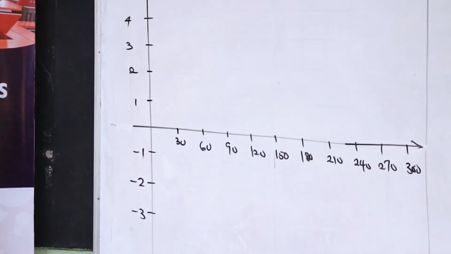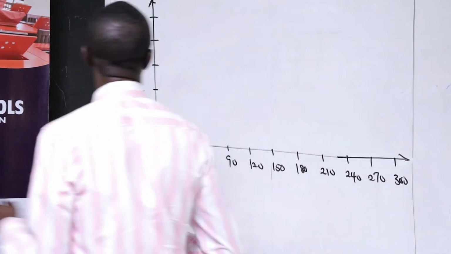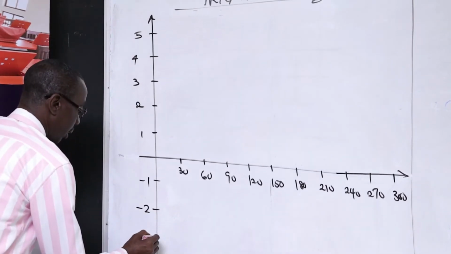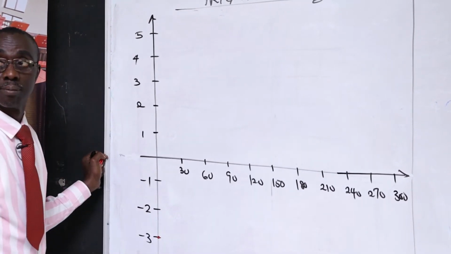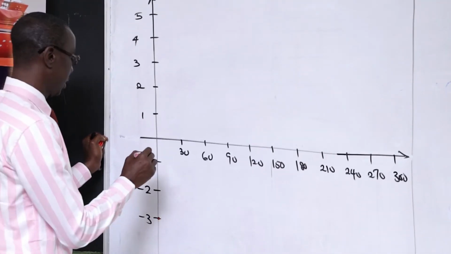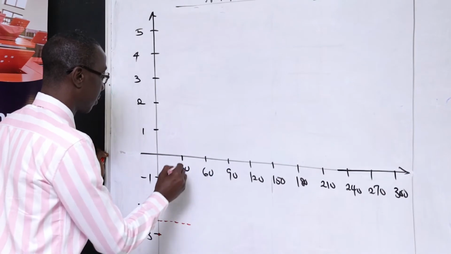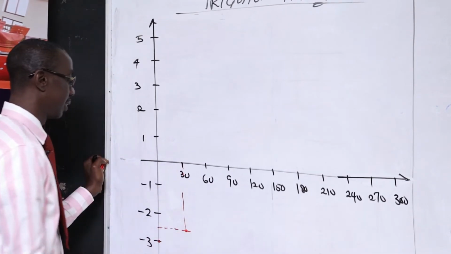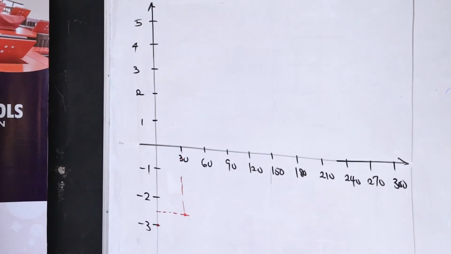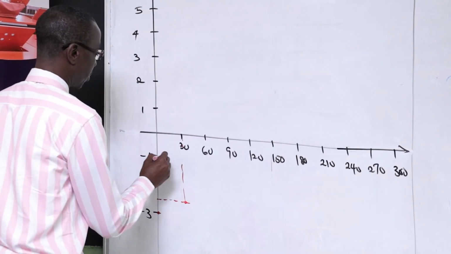Can we take the points now? 0 is minus 3.0. Okay. Yes. 30 is minus 2.5. Yes. 60 is minus 1.0.